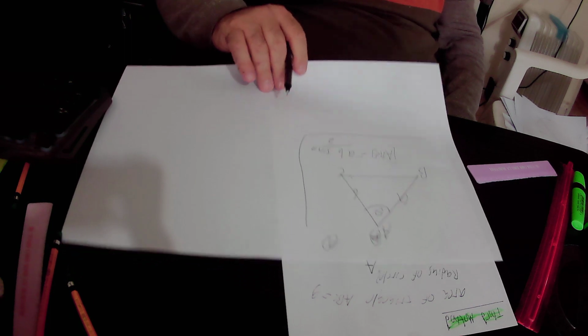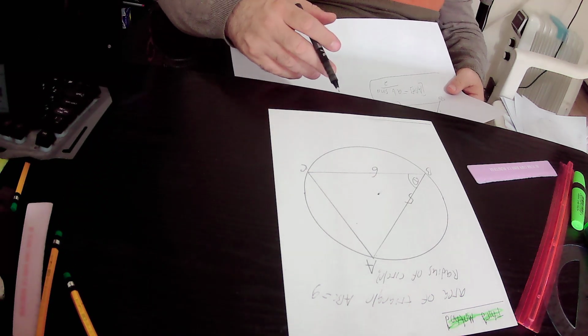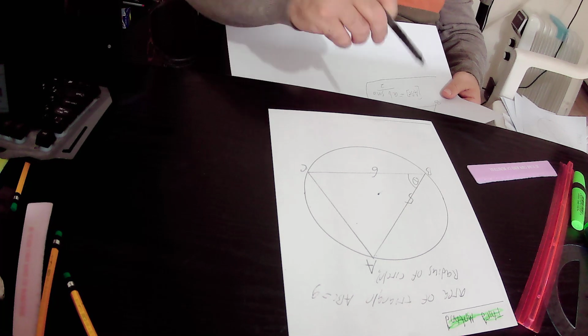We will use this formula in order to find the value of sinus theta, given that the area of our triangle ABC is equal to 9 units.